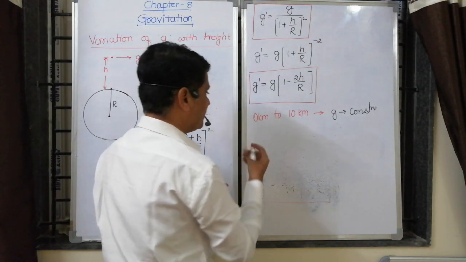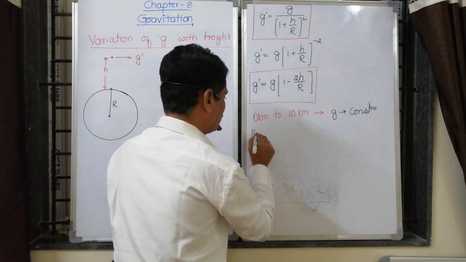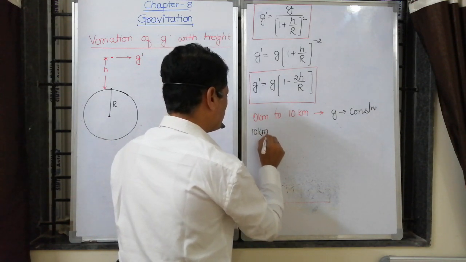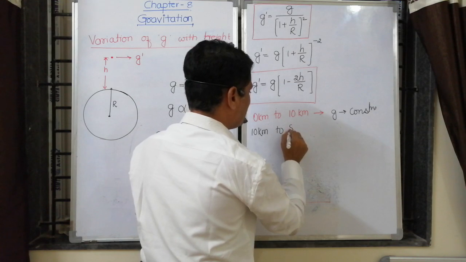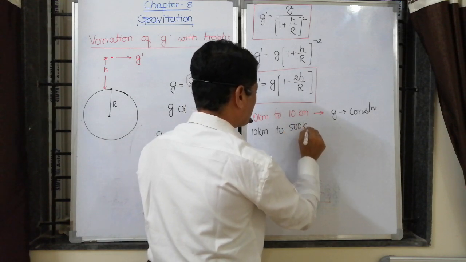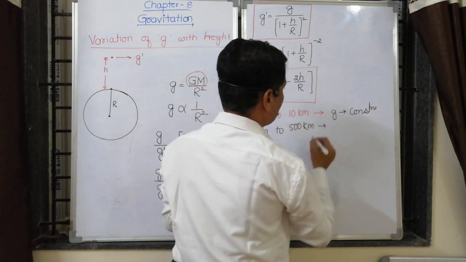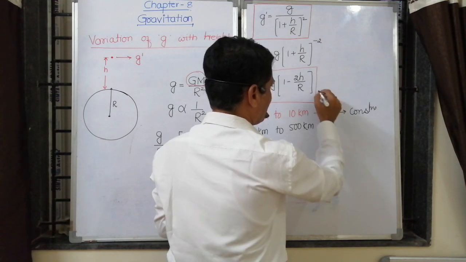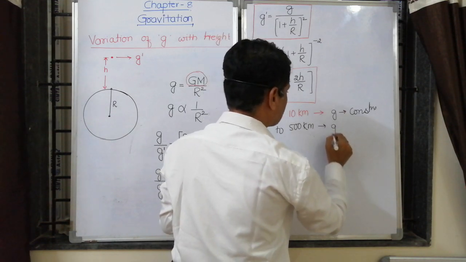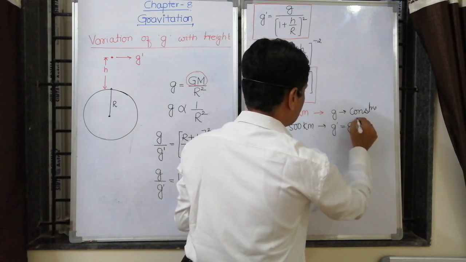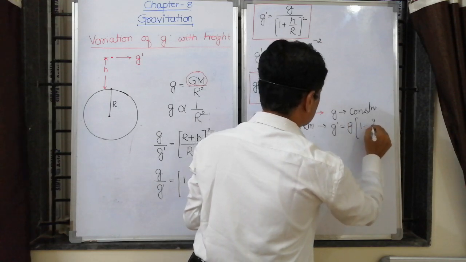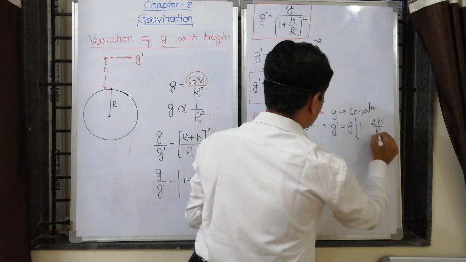Then from 10 kilometer to say 500 kilometer, to calculate g, we can use formula as g dash is equal to g in bracket 1 minus 2h by r.